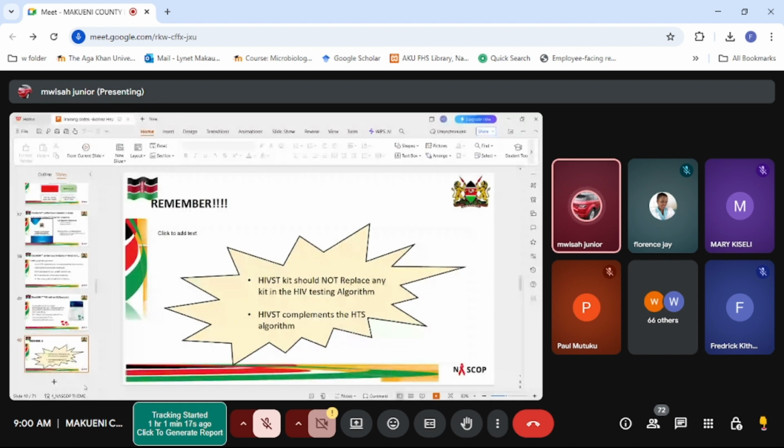And a point to remember is that the HIV self-test kit should not replace any kit in the HIV testing algorithm. The HIV self-test complements the HTS algorithm. You should not use this kit to replace Screen, One-Step, Standard Q, or First Response.